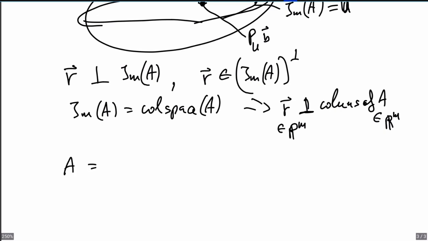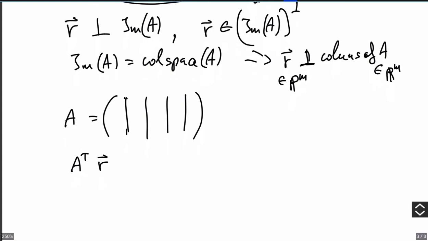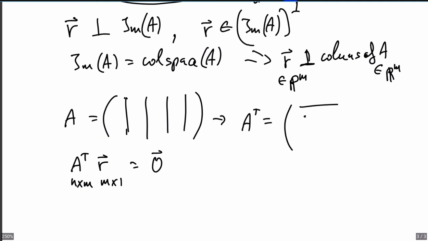So A has columns. One way to write down the dot product with the columns of A is to write A transpose times the residual vector, because then we get an n by m matrix multiplying an m by 1 vector. So we have the columns multiplying the r vector, and we just collect these together. This is supposed to be the 0 vector, because when we transpose A, we get the columns as rows.